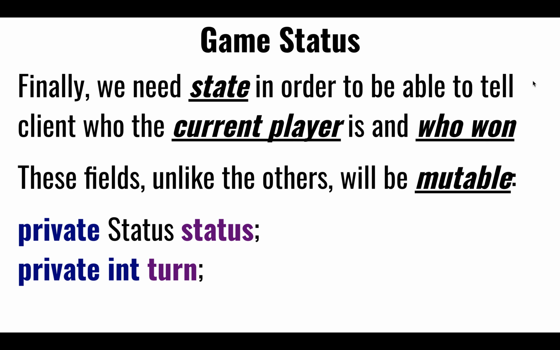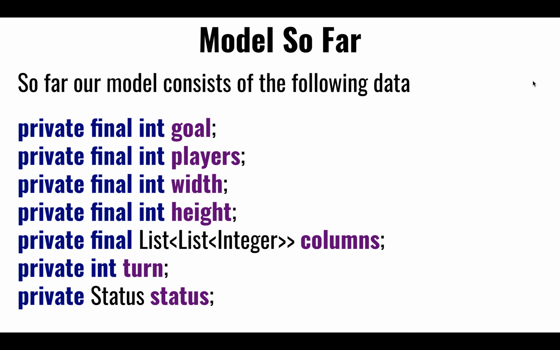So these are not final. They're just variables that will change over time. So that looks also a pretty good bet. So this is what we have so far. Our model consists of a couple of immutable constants that are going to be set up at the beginning of the game. That's kind of like the configuration or the properties of the game, and they don't change over time.